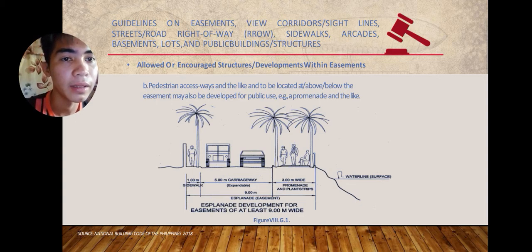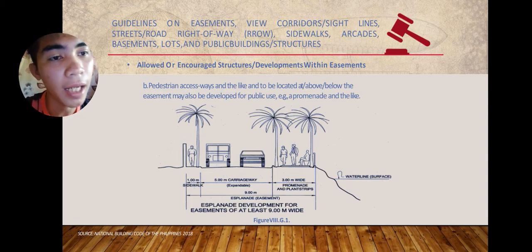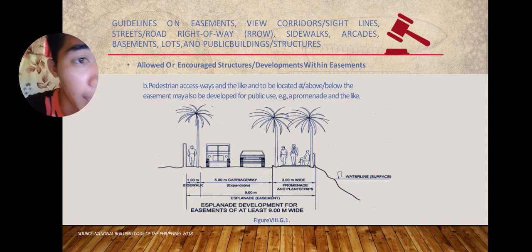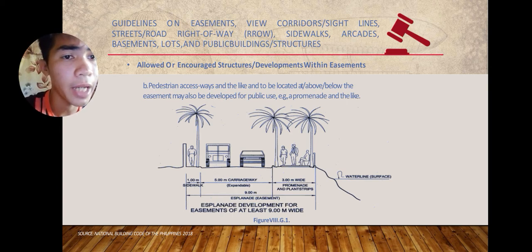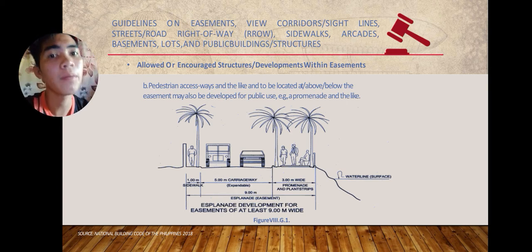Then sa promenade and plant strips, so mga kanang bench ana, nanginahanglan og nag-required siya nga 3 meters, no? So mao na siya ang explained development for easements of at least 9 meters wide. So mao ni ang requirement, di ba?